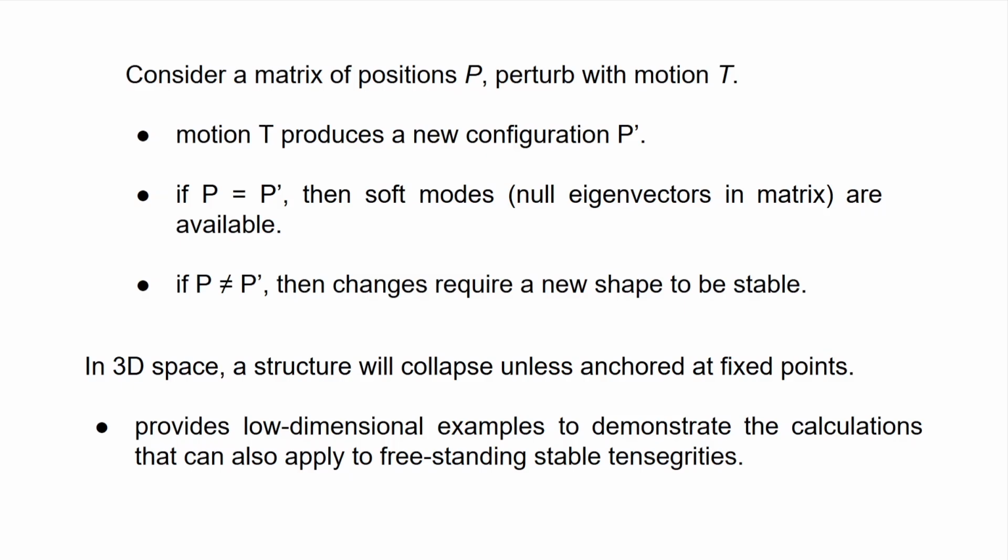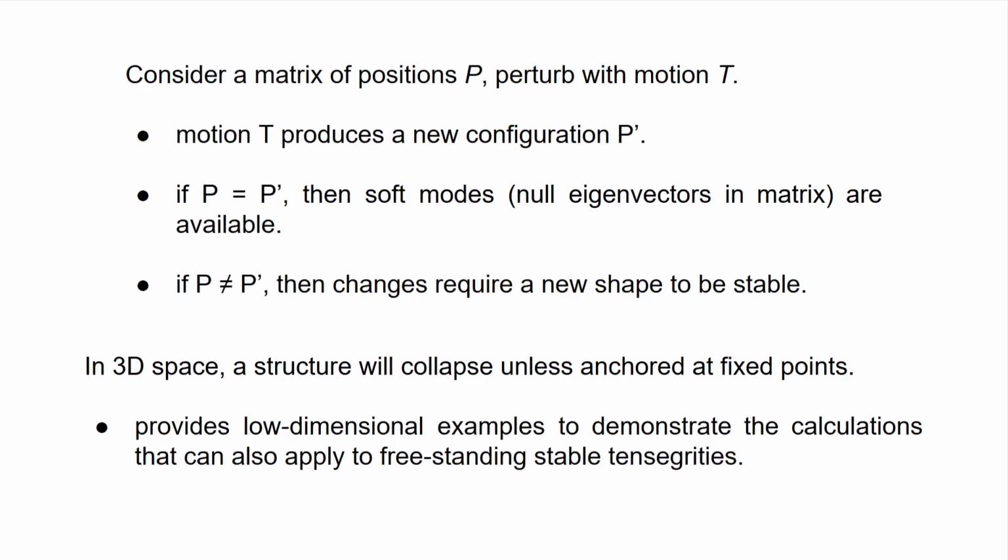And what we're going to do is perturb those structures with a motion T. So if we have our matrix of positions, we perturb it with a specific external motion. Say we smack it with a hammer, or we shift it in some way, or we introduce water flow or liquid flows. Then we have motion T, which produces a new configuration P prime.